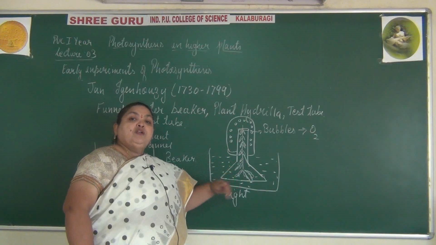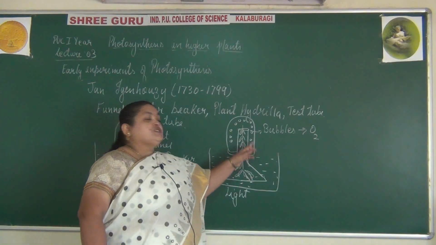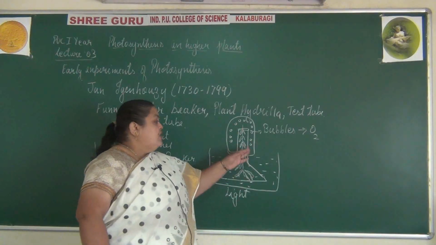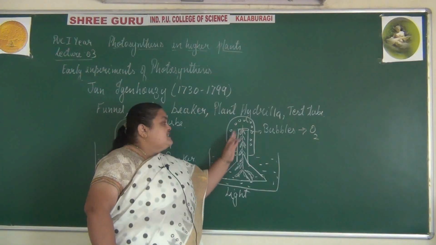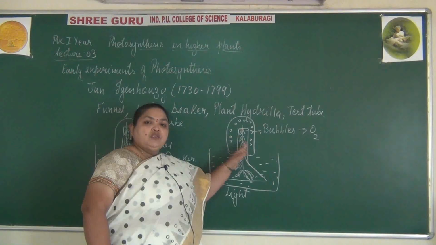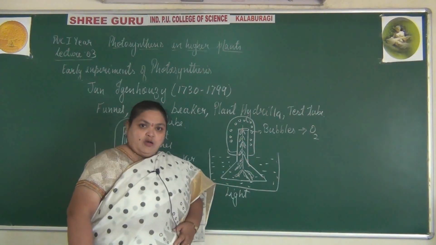It was able to synthesize food, which also released the air, that is, oxygen. The oxygen was collected inside the test tube, and these bubbles released by the plants are nothing but oxygen.